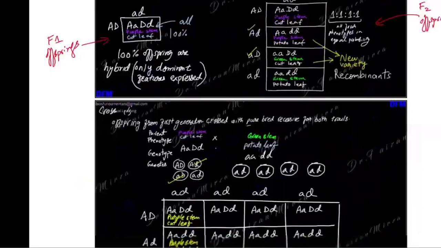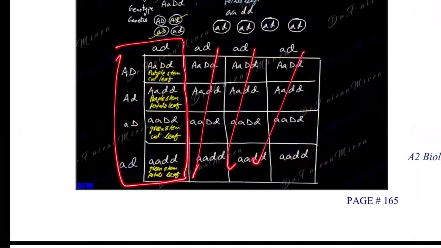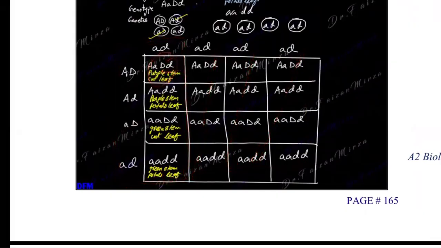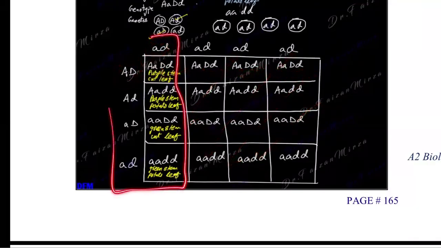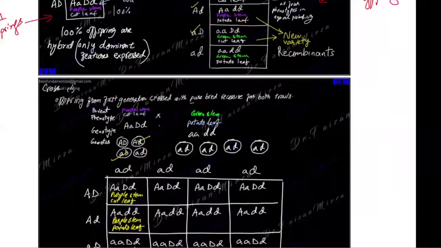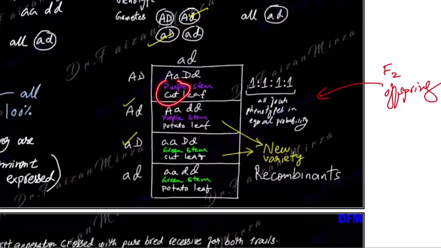So rather than drawing it as a 4 by 4 box where 16 boxes will be drawn, I'm drawing just one representative box, because every time you cross capital A D with small a d, you will get the same outcomes here. So I have ignored all these together, and I'm just drawing the first column of this box. This is shown to you here in this diagram. When you cross them together, we see that two chances.